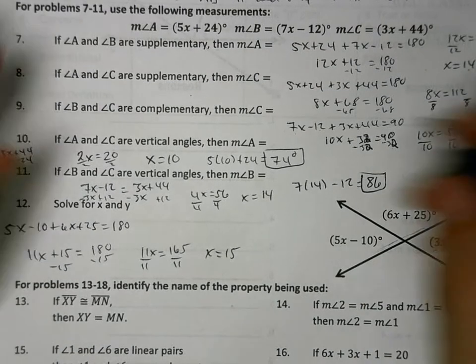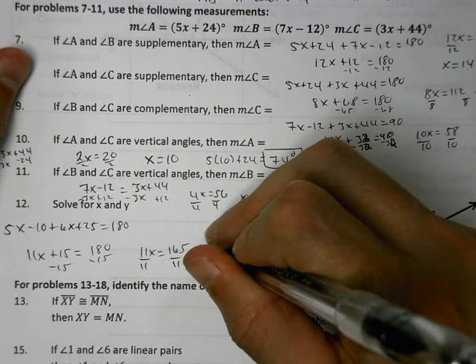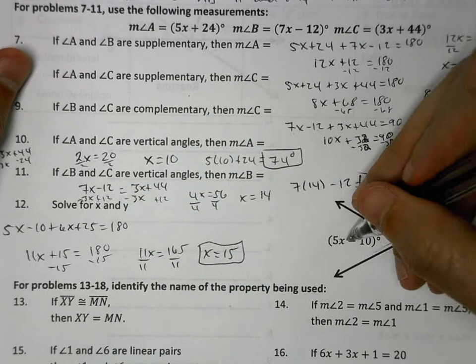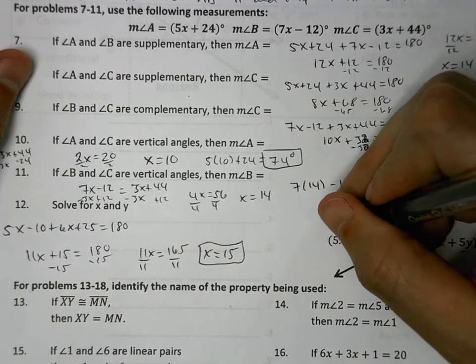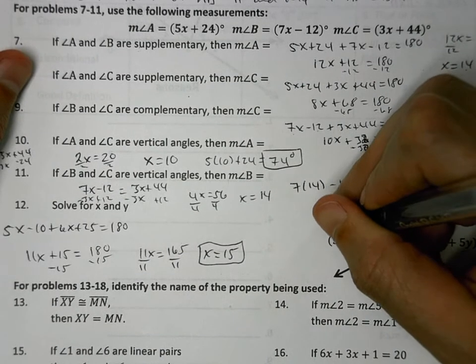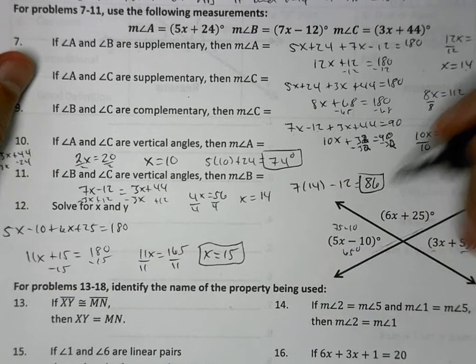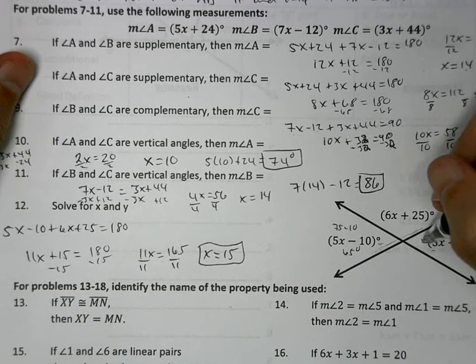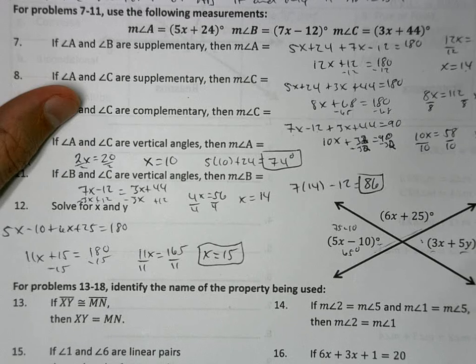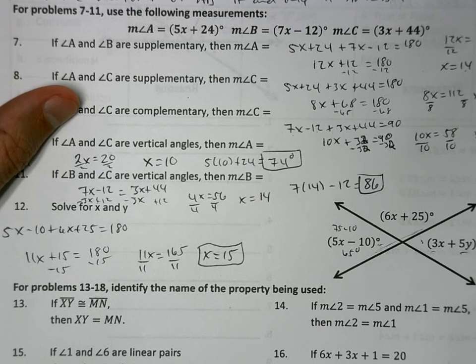So we solved for one of them. Now we need to solve for the other one. When we plug 15 into x, 5 times 15 makes this 75 minus 10 for 65 degrees. And we know that these two are equal to each other. So I do 3 times 15 plus 5y equals 65 degrees, or 45 plus 5y equals 65 degrees.